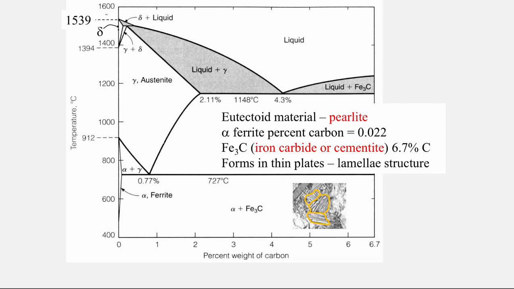When we get those nice thin layers, that pearlite shares the ductility of iron with the strength and hardness of iron carbide. And we're going to learn more terms like pearlite for different ways that the ferrite and the iron carbide can disperse with each other depending on the cooling rate.